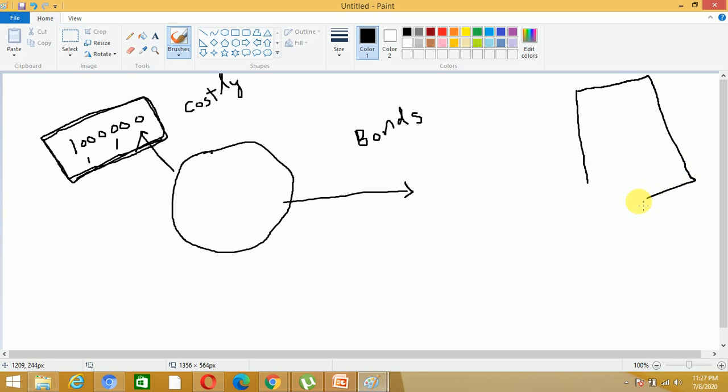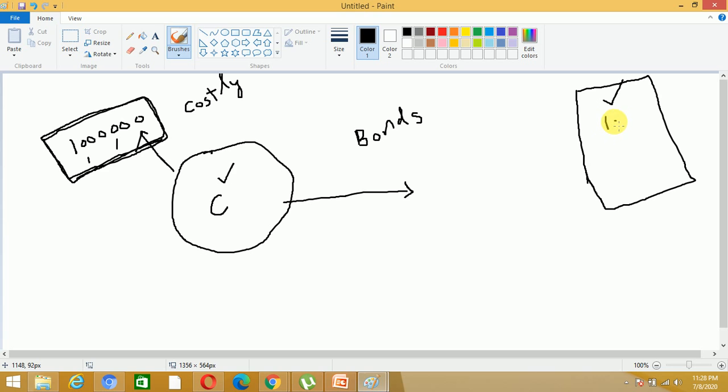A bond is basically a certificate, a piece of paper. This piece of paper is basically an agreement between this company and those who are purchasing this bond.